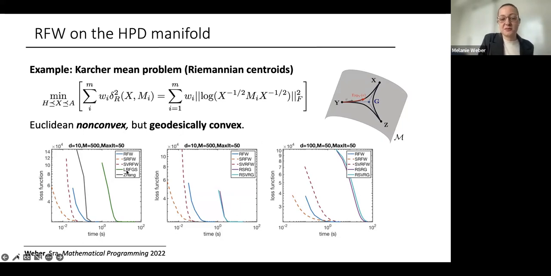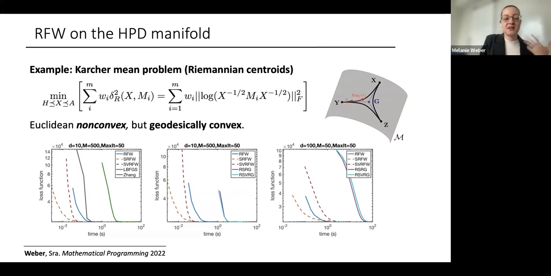And if we plug that into an implementation of the Riemannian Frank-Wolfe method for such manifolds, we see very competitive performance here. The Riemannian Frank-Wolfe method is shown here in blue. Those two dotted lines are stochastic variants of the Riemannian Frank-Wolfe method that I didn't get to mention in this talk, but that we have also explored. The idea is that we don't compute the full gradient, but only an approximation to the gradient.